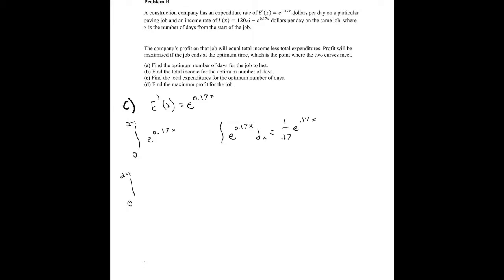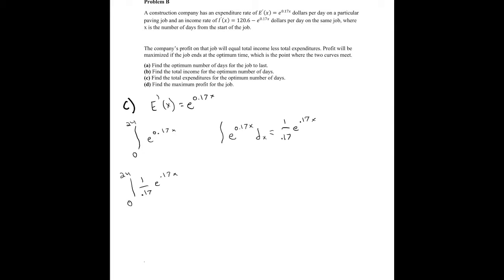So now that we have our antiderivative equation, we can plug in our upper and lower bounds to solve for the total expenditures. So we're going to plug in 24 for x and 0 for x.